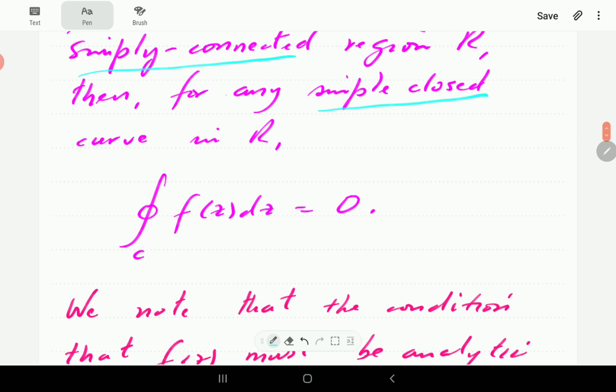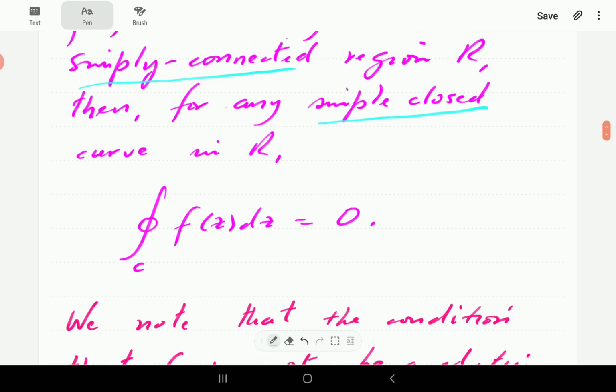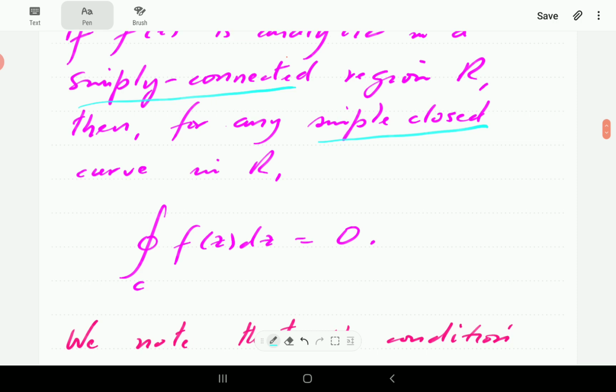So let's talk about what a simple closed contour is, and then we're going to talk about a simply connected region.